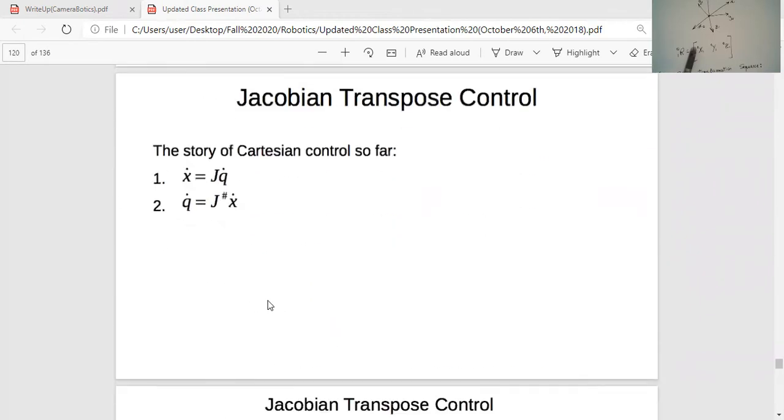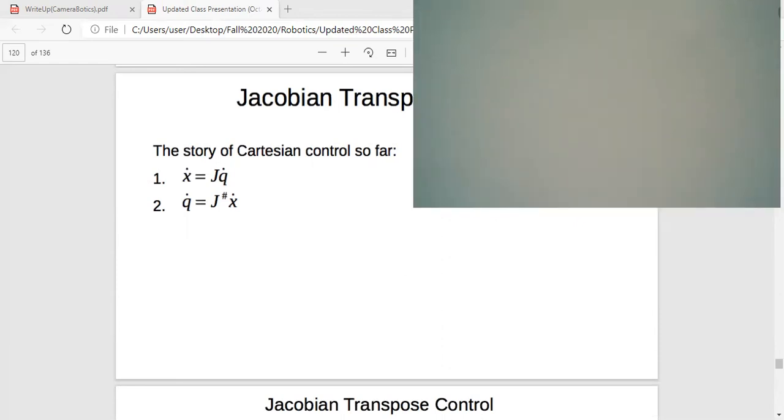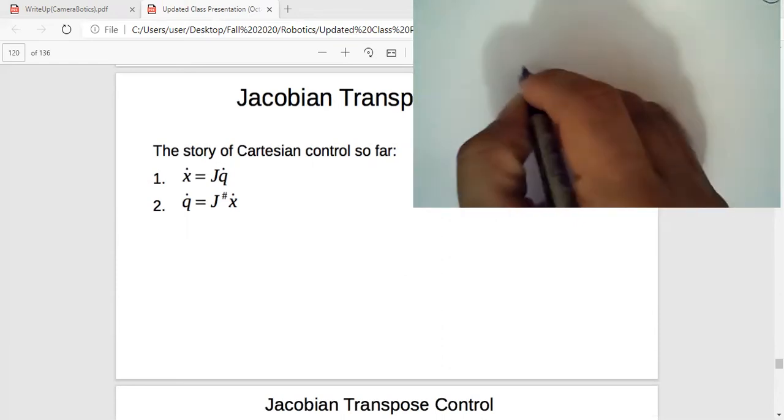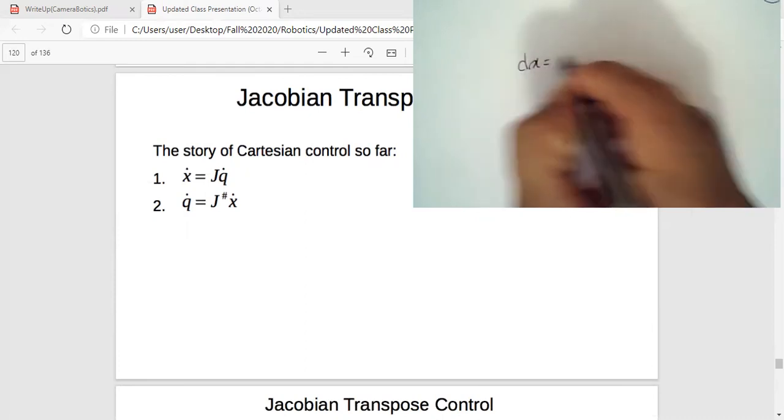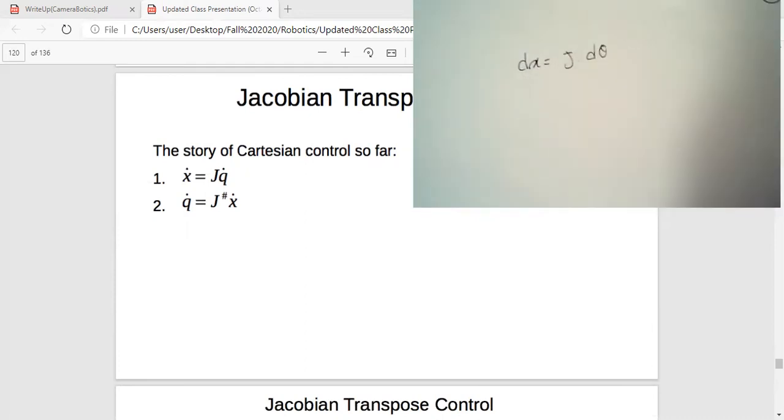So there is one last thing that we're going to discuss here. Last time we said that knowing the Jacobian, or calculating the pseudo inverse of the Jacobian, we can use that to iteratively solve the inverse kinematics of a robot, right? Why? Because with that, we know that dx is equal to J times d theta.